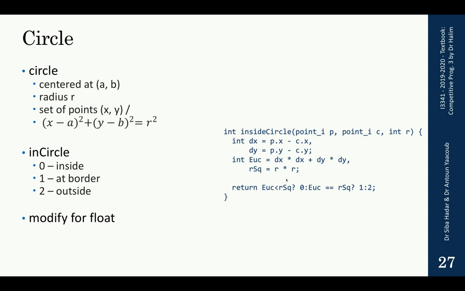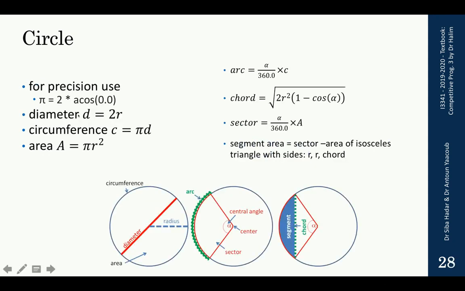We check if the distance is less than r squared, then we return 0. Otherwise, we see if it is equal, we return 1, and otherwise it is outside the circle, so we return 2.